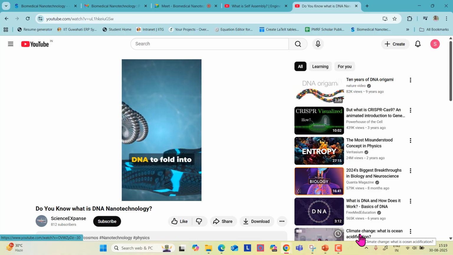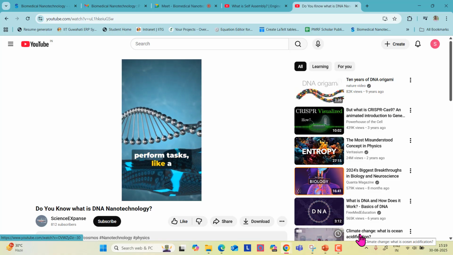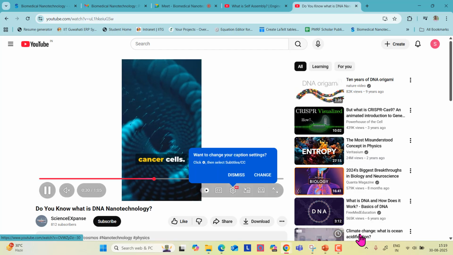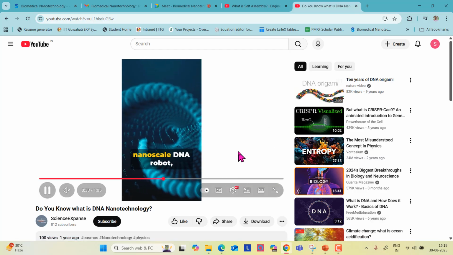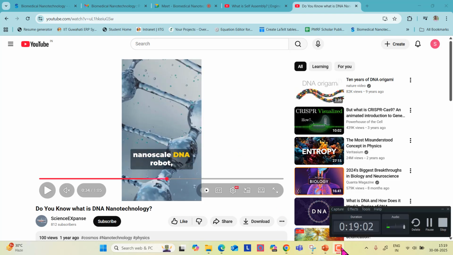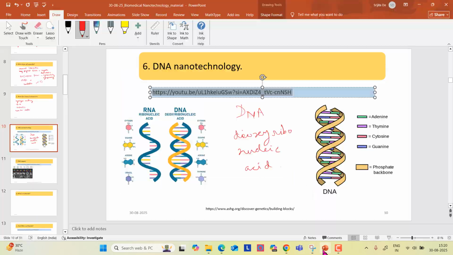Later comes the DNA nanotechnology, but the basic is DNA. Basically it is the primary molecule in our body, which carries information from one place to another, and it has this basic structure, that is the double helix structure, with phosphate backbones which have base pairs. Okay.